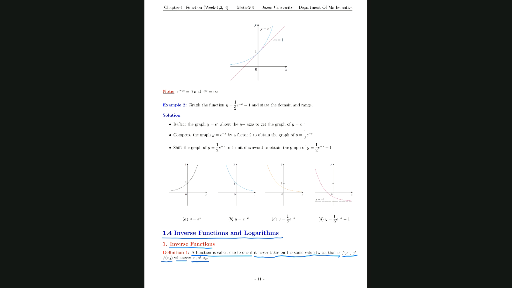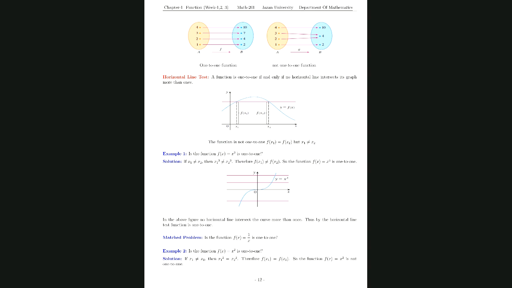Suppose here, let me show this diagram here. Okay, here input 4 gives output 10, different. So for every input the output is different. If it is this type of function, then this function is called one-to-one function.